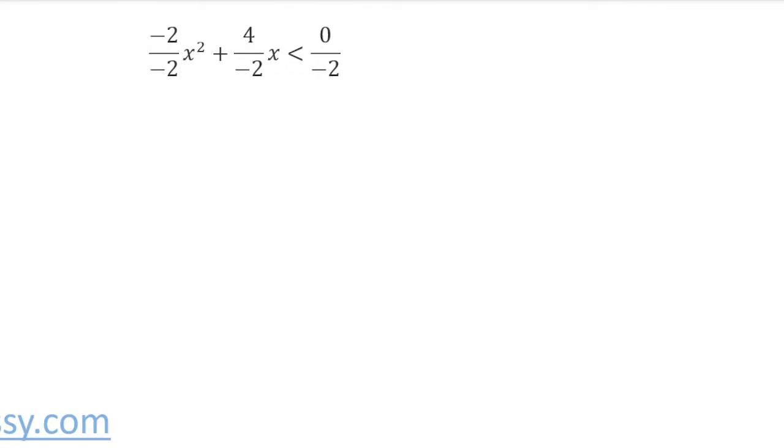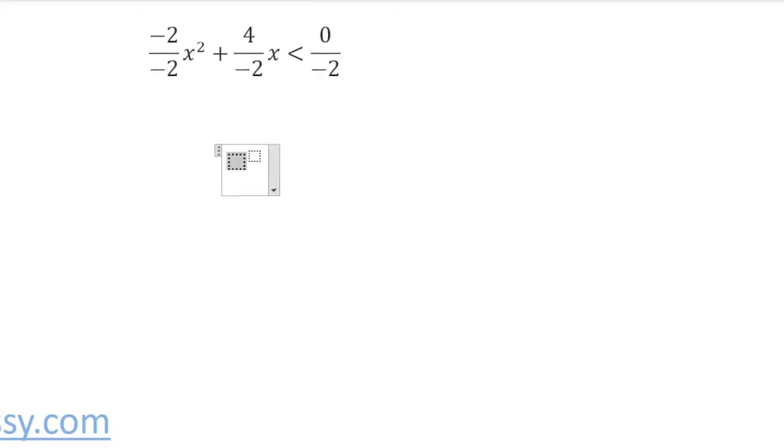Perfect. So here negative 2 divided by negative 2 will be positive 1. So we'll be left with x squared, right? Then a positive divided by a negative will give us negative.